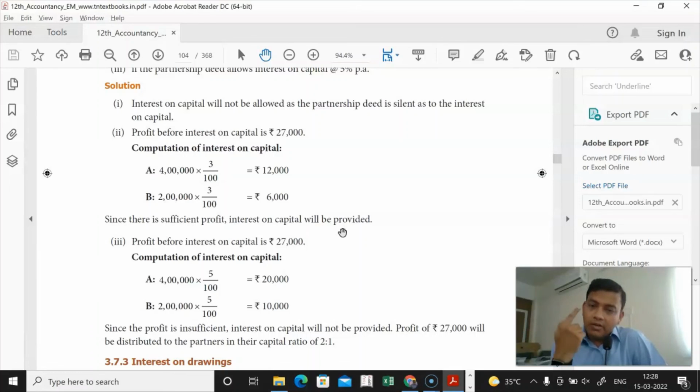I repeat, only 27,000, because only that much profit is available for distribution. That will be distributed in the capital ratio. Don't distribute in the profit ratio but in the capital ratio. Please don't forget. So when the profits are insufficient for paying the interest on capital, whatever profit is there will be distributed in the ratio of the capital.